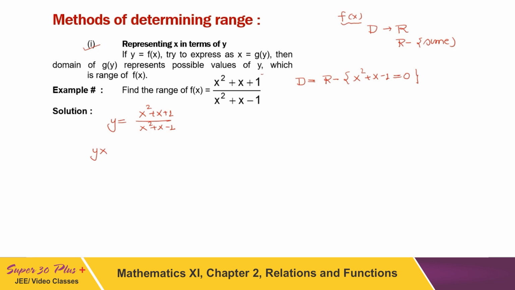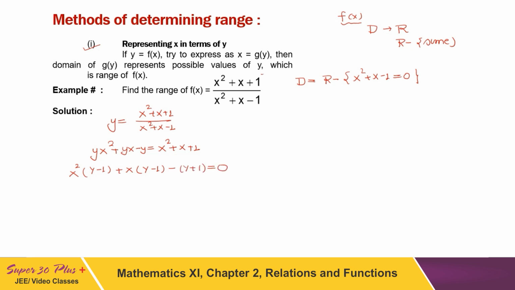It will be yx square plus yx minus y is equal to x square plus x plus 1. Now it will be x square (y minus 1) plus x times (y minus 1) minus y minus 1 is equal to 0.